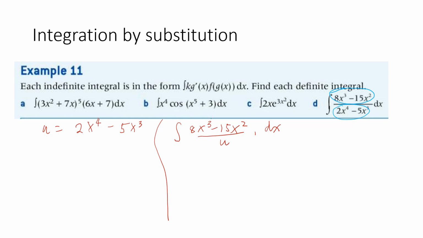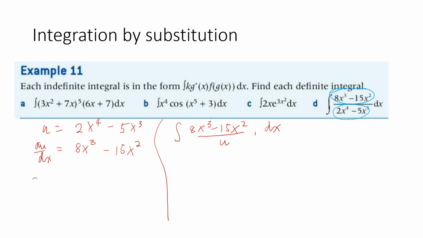Okay, so let's find our du in terms of dx so we can represent dx later on. The derivative of our u is 8x to the third power minus 15x squared.